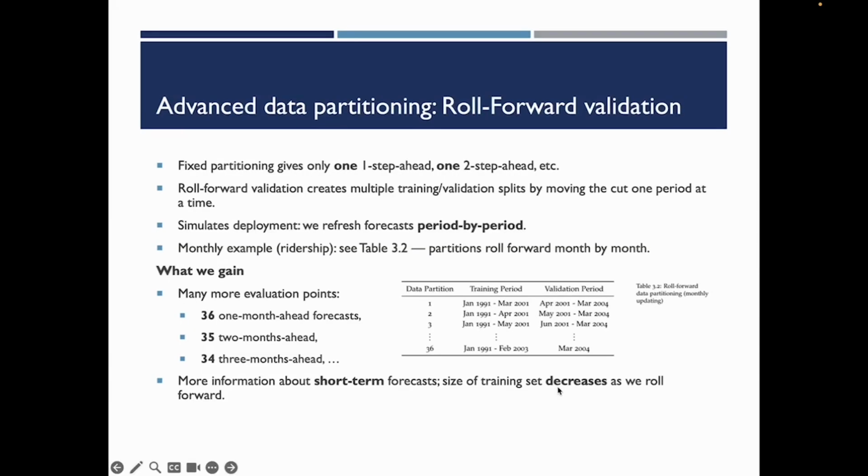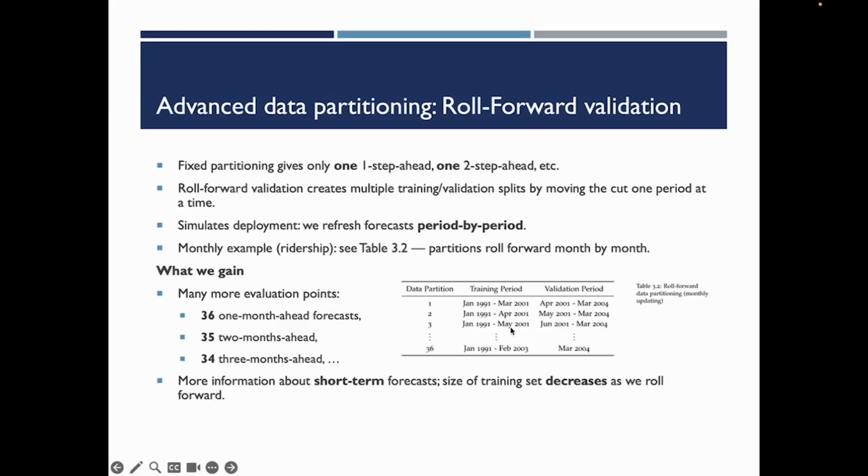The roll-forward validation moves the split forward one period at a time, and that mimics real deployment, where we refit or refresh the model each period and produce the next forecast. In the monthly ridership example, we have 36 one-month-ahead forecasts, 35 two-month-ahead forecasts, 34 three-month-ahead forecasts, and so on. We get a much richer evaluation of short-horizon performance.